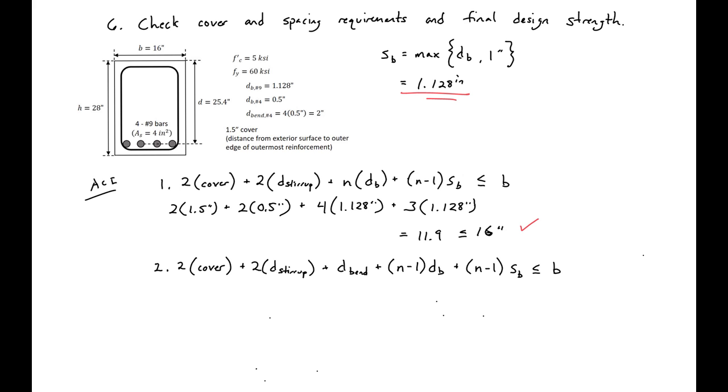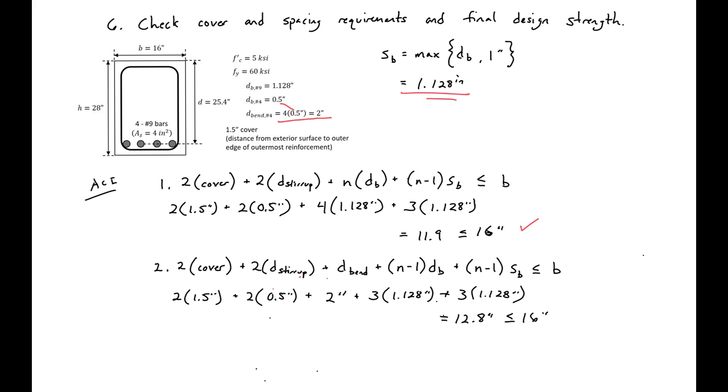Similarly, our second check will have 2 times our cover, 1.5 inches, plus 2 times our stirrup, 0.5 inches, assuming a number 4 bar, plus 2 times our bend diameter, which is 4 times the diameter of our stirrup, so 2 inches, plus our n minus 1, so 3 times 1.128 bar diameter, plus 3 times our spacing, 1.128 inches, to give us a value of 12.8 inches, which is still less than our 16 inches.